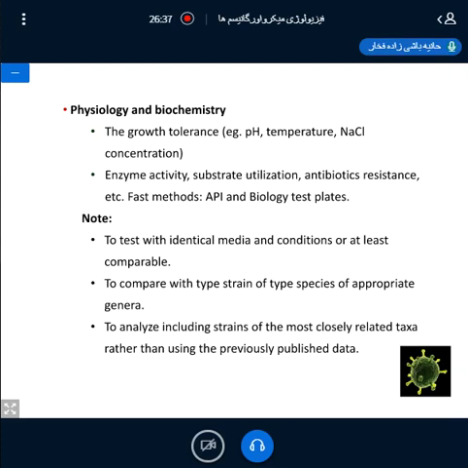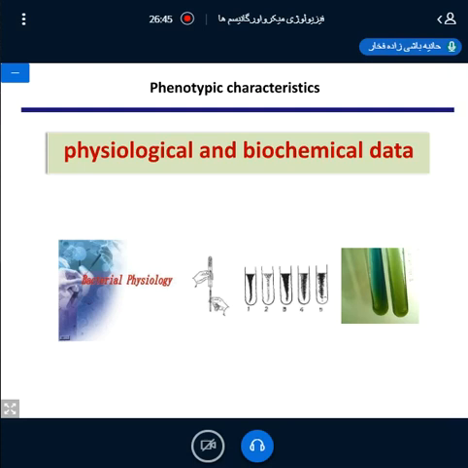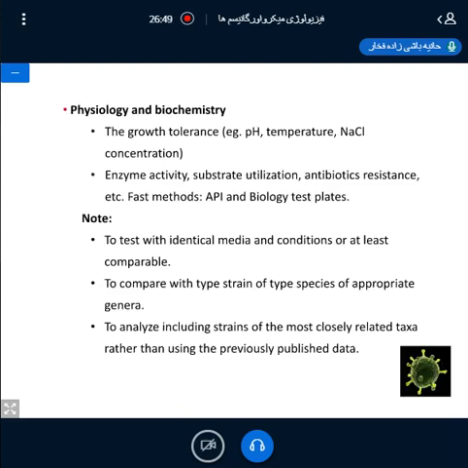About physiology and biochemistry, I want to speak about phenotyping methods. Phenotyping characters are methods for classification: physiological and biochemical. Growth tolerance, enzyme activity, substrate alterations, and antibiotic resistance are very important for physiology and biochemistry.